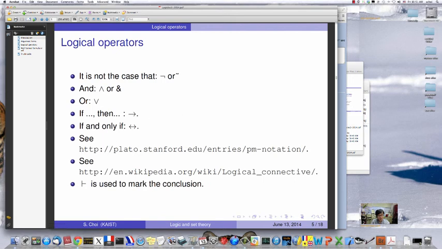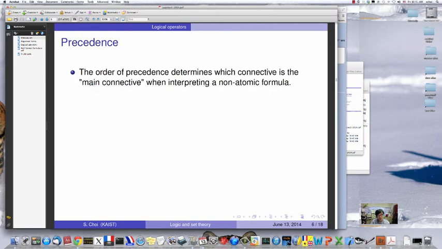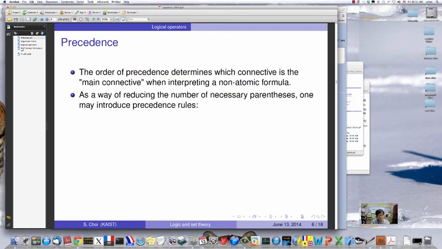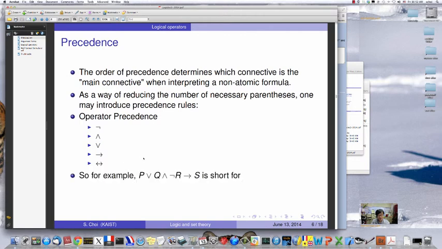These operators, just like any other binary or unary operators, have some precedence. Order of precedence determines which connective is the main connective when interpreting a non-atomic formula. As a way of reducing the number of necessary parentheses, one may introduce a precedence rule. Of course, it's not always necessary, but it will simplify our writing. Operator precedence: negation is first, and is second, or is third, arrow is fourth, and left-right arrow is last.